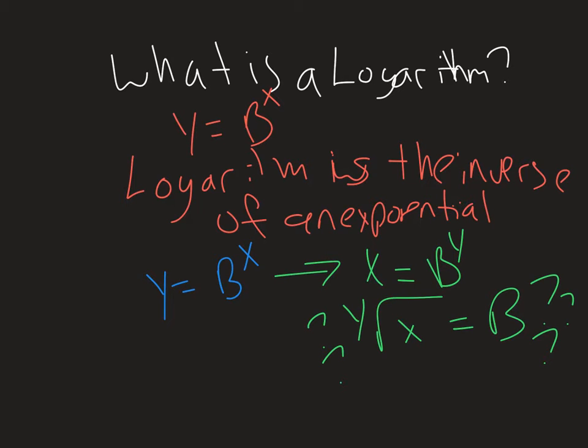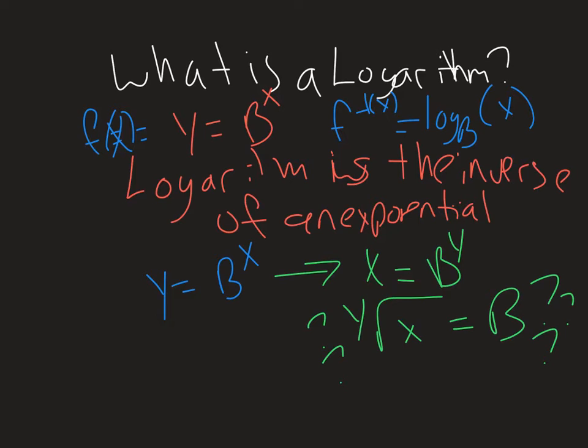So mathematicians have decided that what we would do is define an inverse. If f of x is equal to b to the x, then f inverse of x is going to be log base b of x.